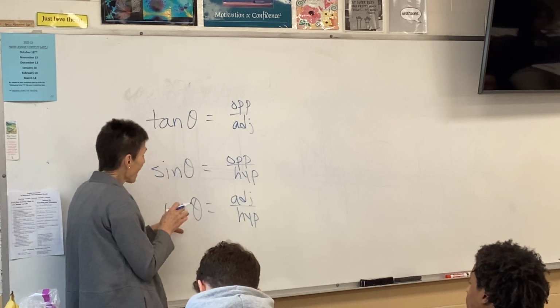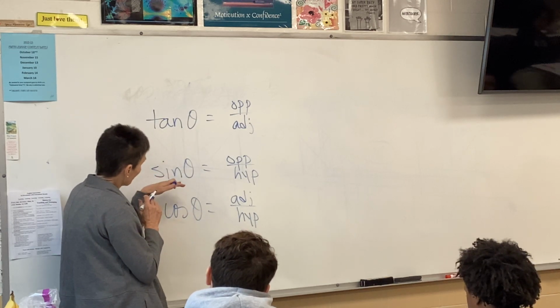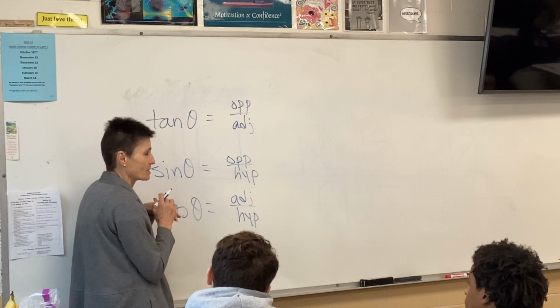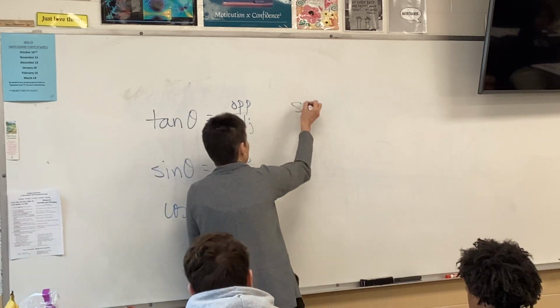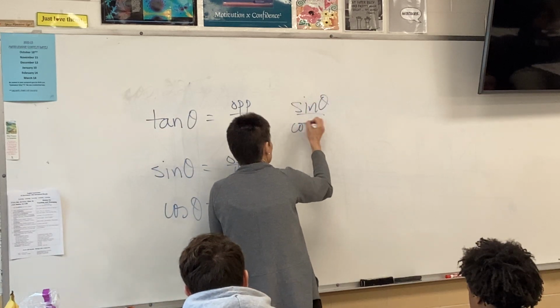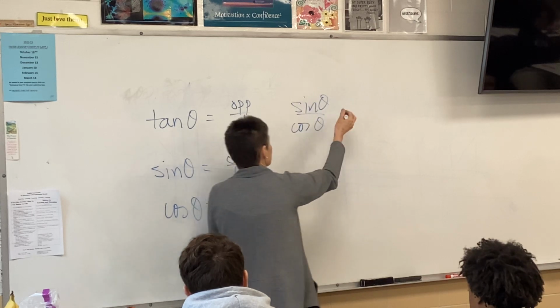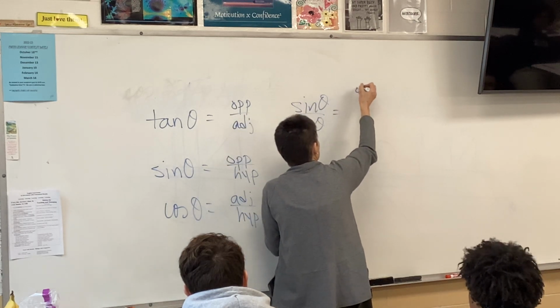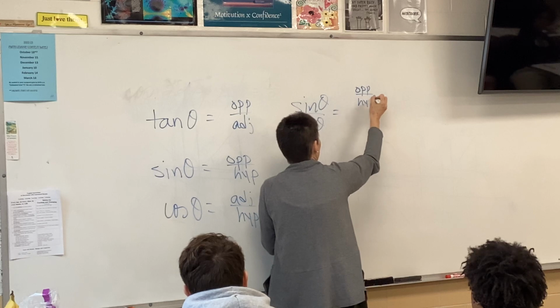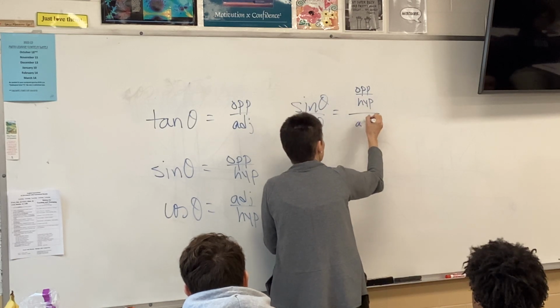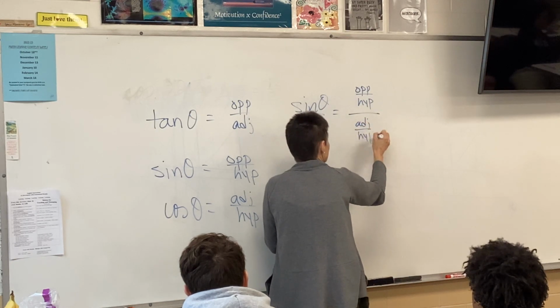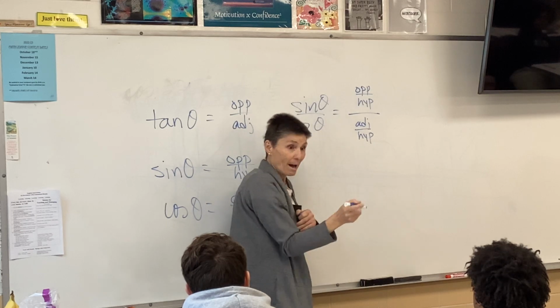Well, what happens if you were to put sine over cosine? In other words, what if you made a quotient out of sine and cosine so that you had opposite over hypotenuse over adjacent over hypotenuse? Well, what happens?